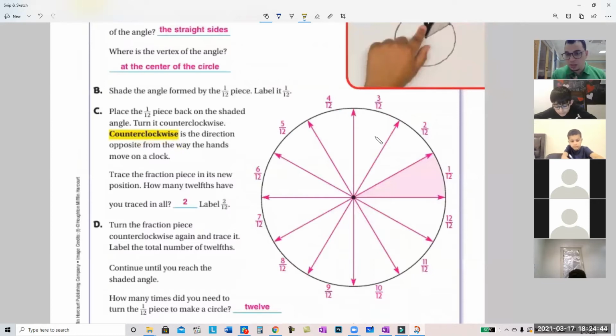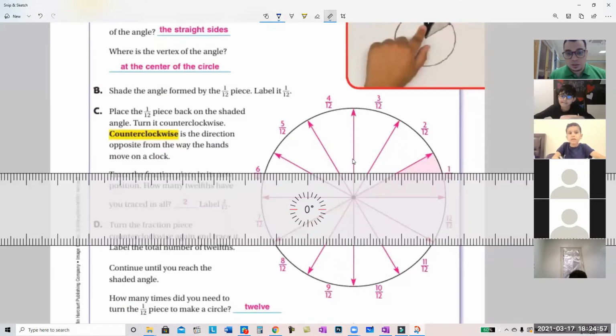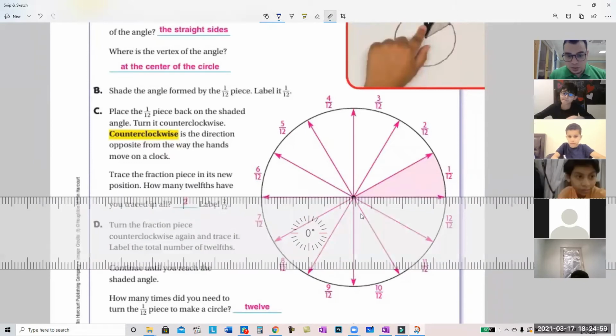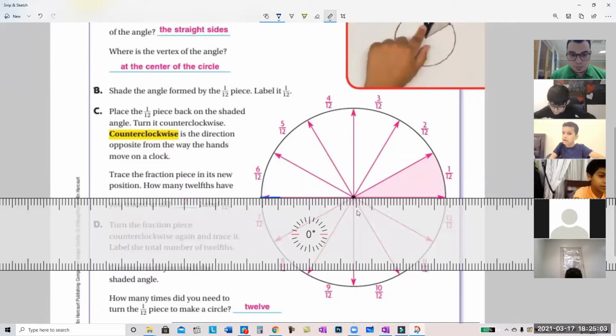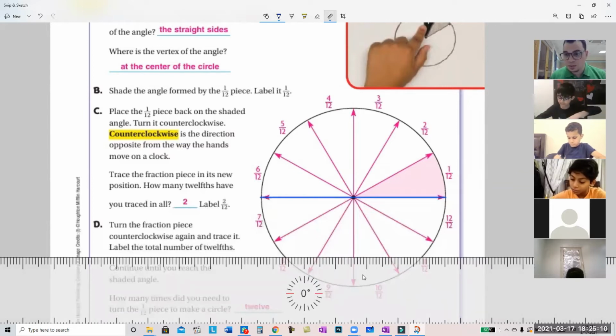We're gonna divide it into 12 equal parts. So let's see, how can we divide it? Firstly, let's divide it into two equal halves. Let's use your ruler to divide it like that. So we have two equal halves, right?